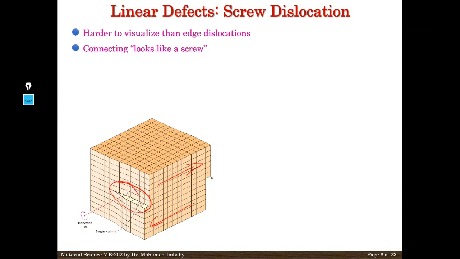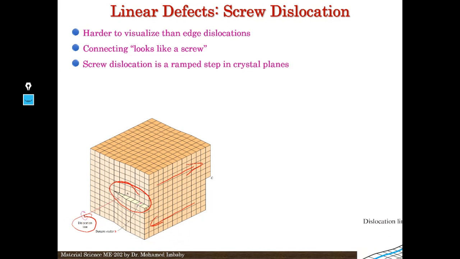Okay, do you understand? Yes, this is connecting like a screw, as you've seen it here. It's very important to understand here the line of dislocation and Burgers vector. It's very important that students understand this part.